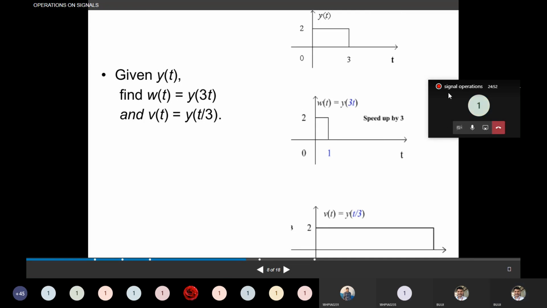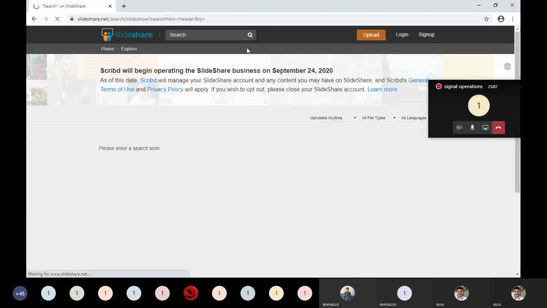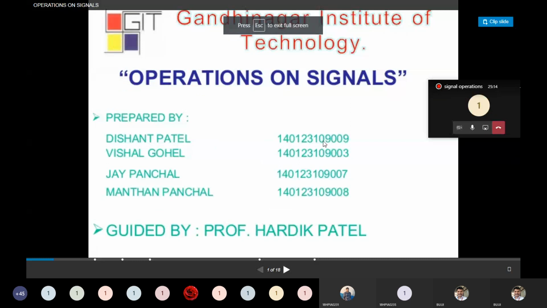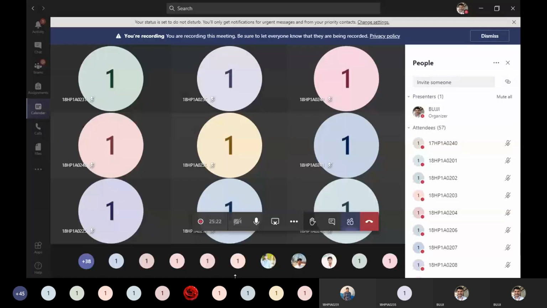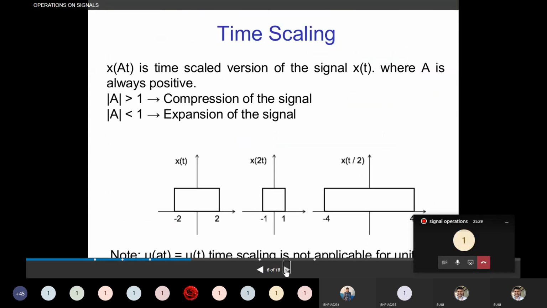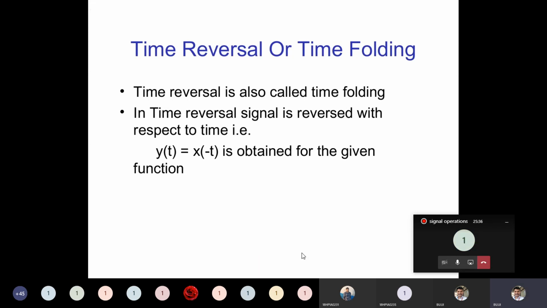Coming to the next one. Next one is time reversal, or time folding, or flip.